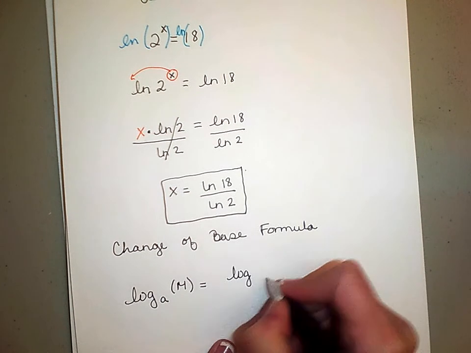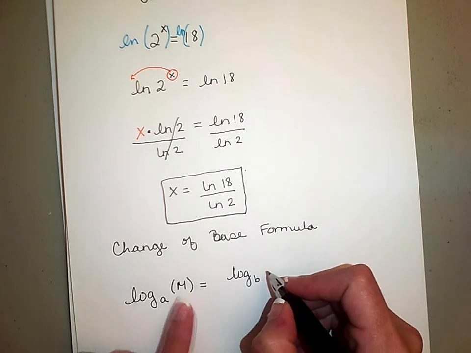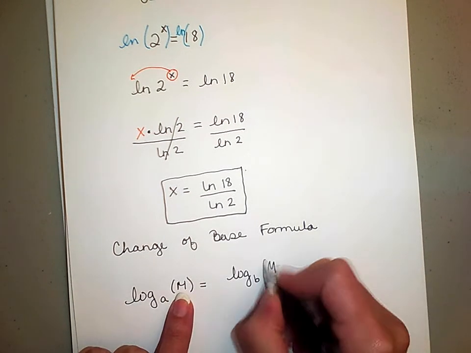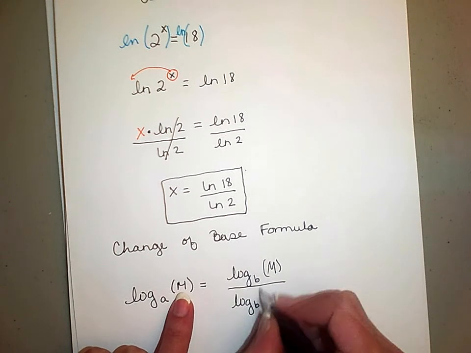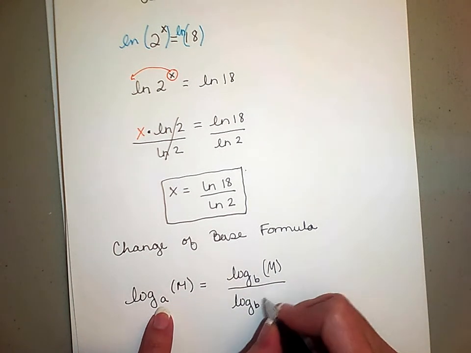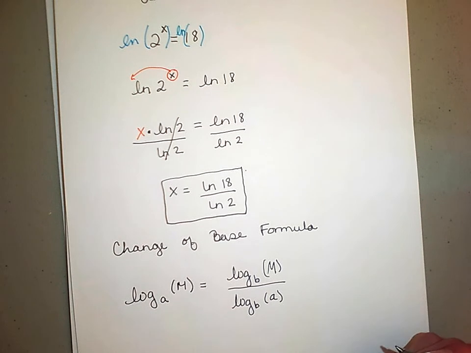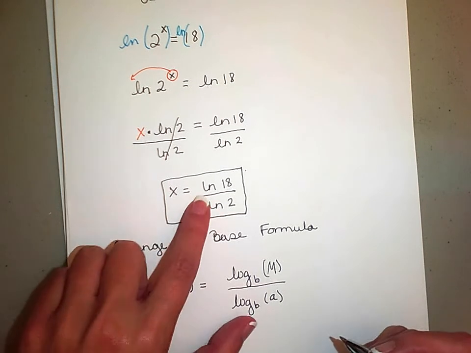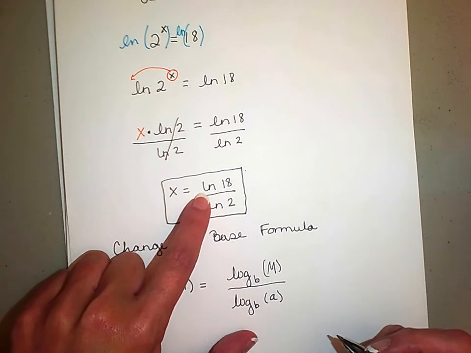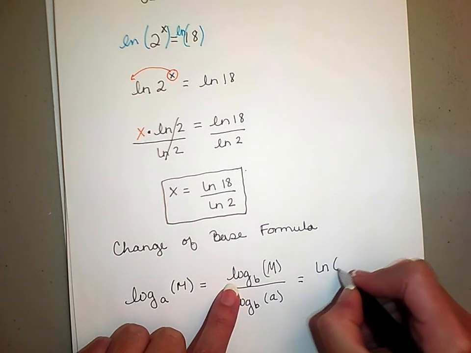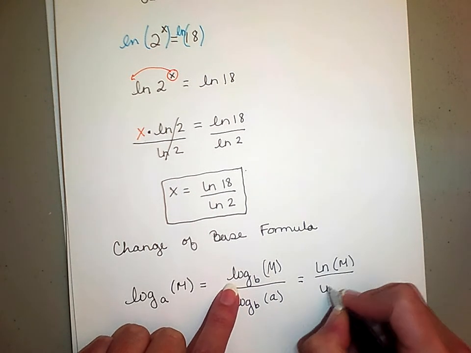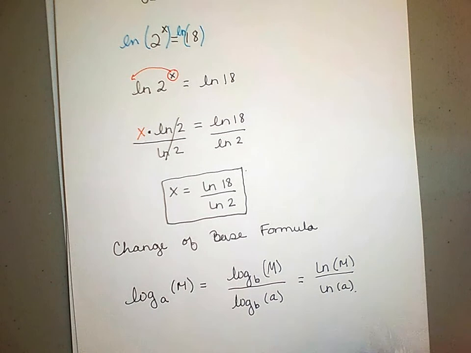We can take the log of a different base of the argument m, and we can divide that by the log of the same base, which we've chosen, of the previous base. So in our example, the different log was the natural log. So another way to rewrite this is the natural log of m over the natural log of a. And that will be helpful for us while we're doing some calculations.